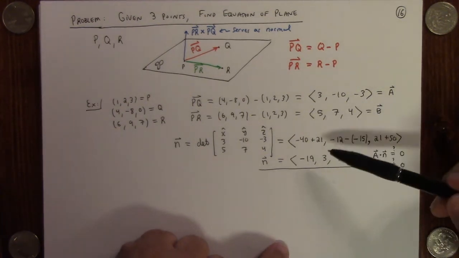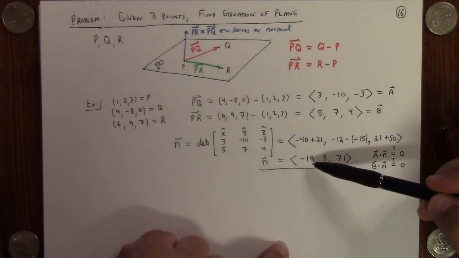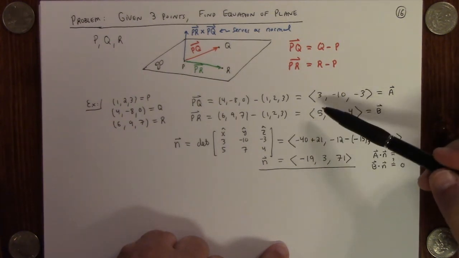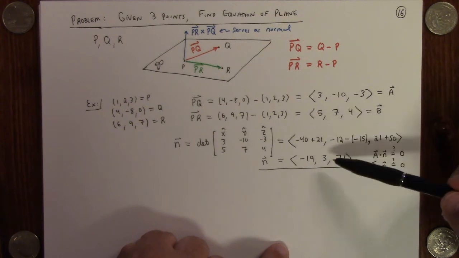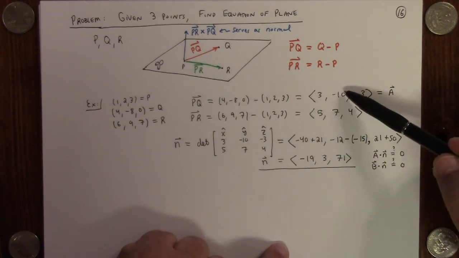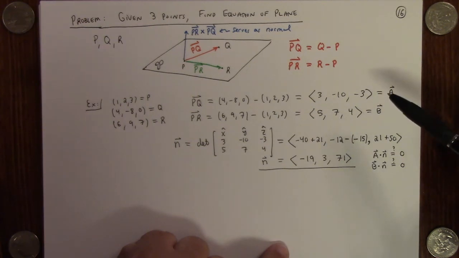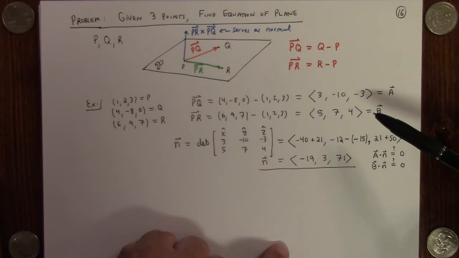Let's think through it. 3 times minus 19 is 3 less than 3 times 20, which is minus 57. Minus 57 minus 30 is minus 87, I think. Oh, man. No, I don't think it's working out. So that means I've made a mistake somewhere.